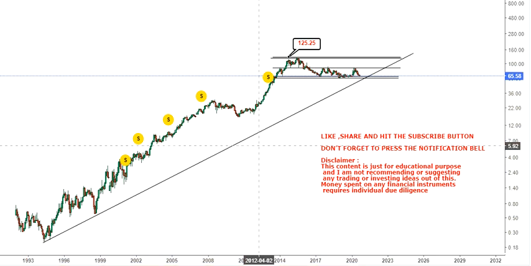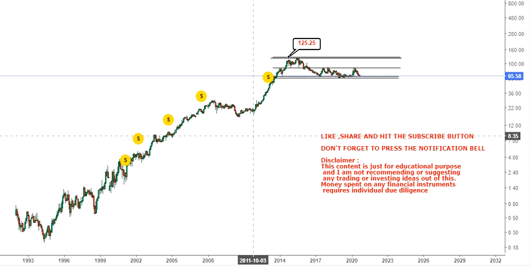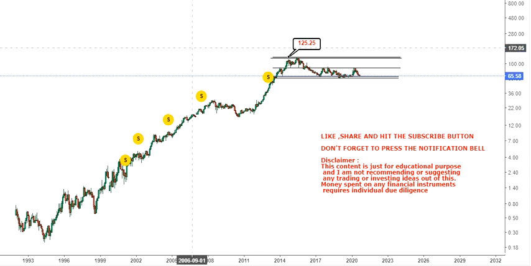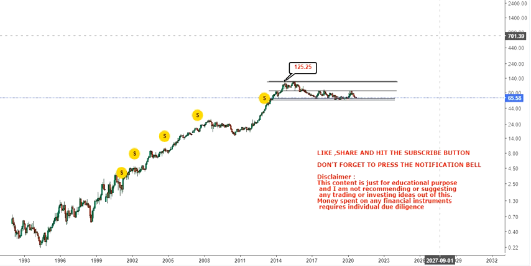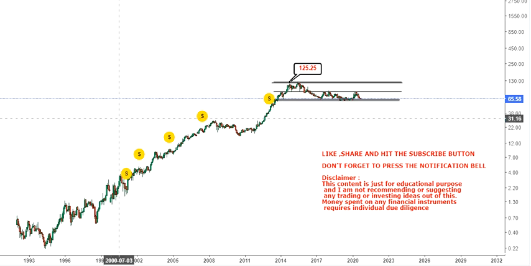You can make a line like this, but what I would prefer is to look at what the next big target will be if the stock makes a breakout above $125. Here we are looking at the monthly chart, so we are discussing a target for a couple of years, not for a couple of days or months. So this is a big thing.